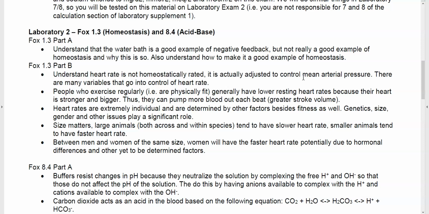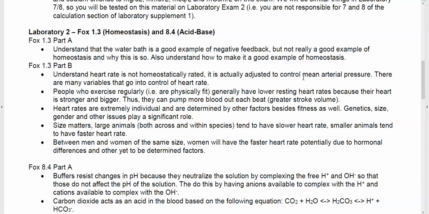Exercise capacity would be different, but the resting pulse for those people, because people who regularly exercise in general have a bigger, stronger heart with a greater stroke volume, they need fewer beats to accomplish that. But heart rates are extremely individual.